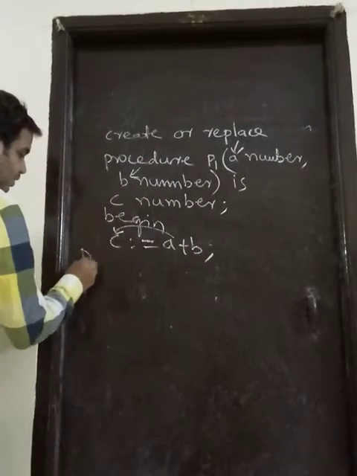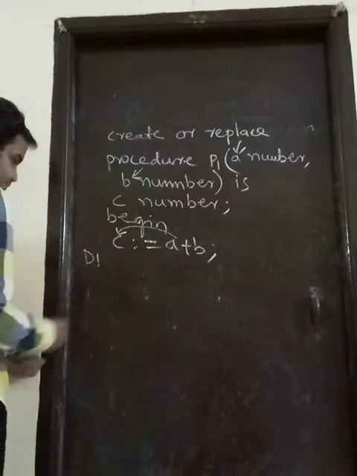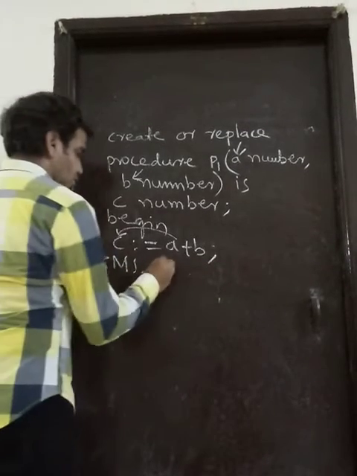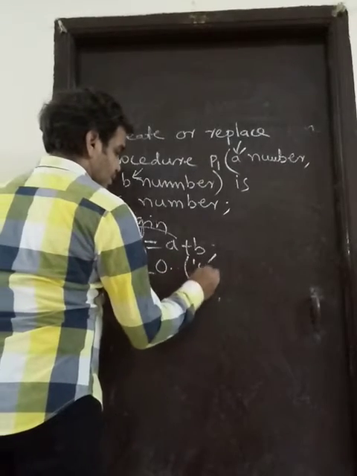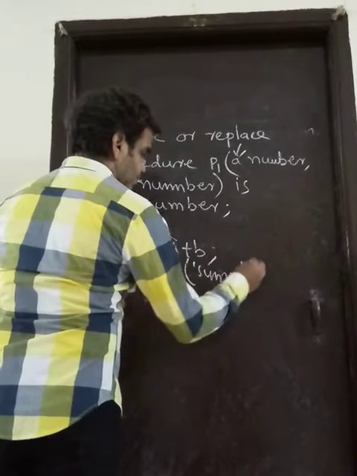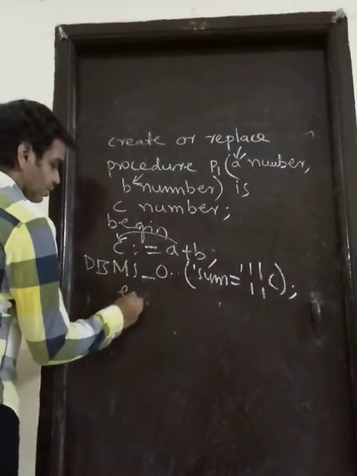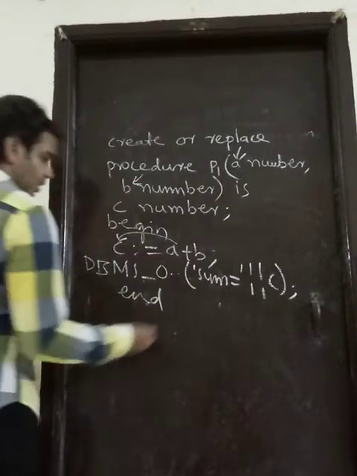So now we are displaying dbms_output.put_line('sum is equal to', C). Now end, we should write end with the procedure name, end P1.